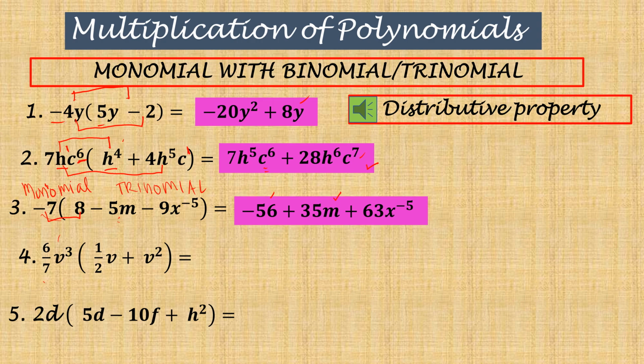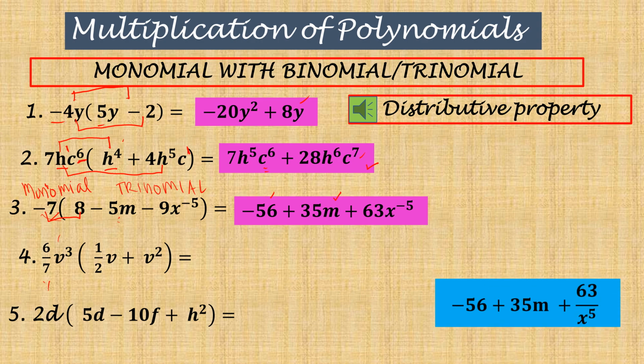Well, the negative 7 times the negative 9x to the 5th will be positive 63x to the power of negative 5. And then as you have seen, we have x with a negative exponent, so we need to simplify them. But we have already the shortcut. If it is containing a negative exponent and it's in the numerator, you have to place it in the denominator.